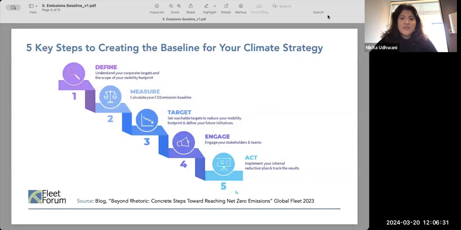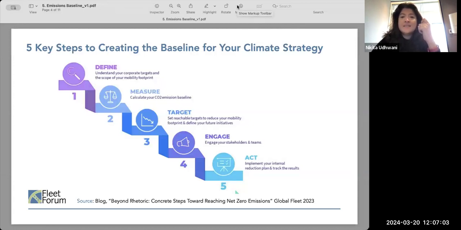On my screen, you are seeing 5 key steps to creating a baseline. I borrowed this visual from a peer organization. What I'd like to show you with this is that the way you go about setting your baseline is, first, you start with understanding your overall corporate target, in terms of whether there is already a wider target in your organization for reducing the environmental footprint.